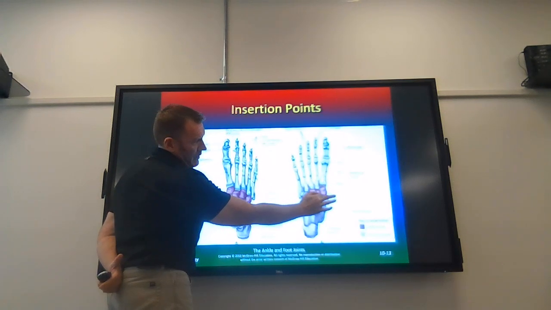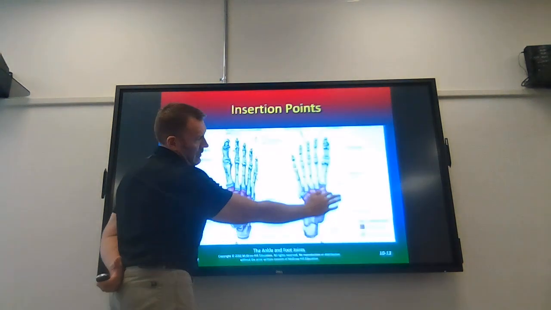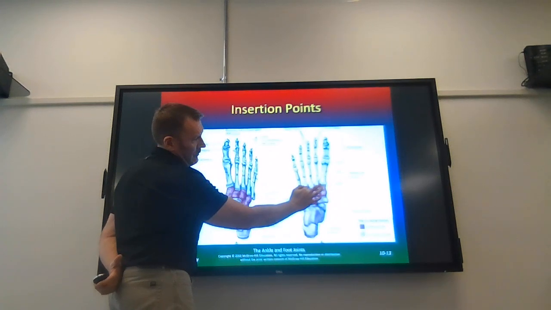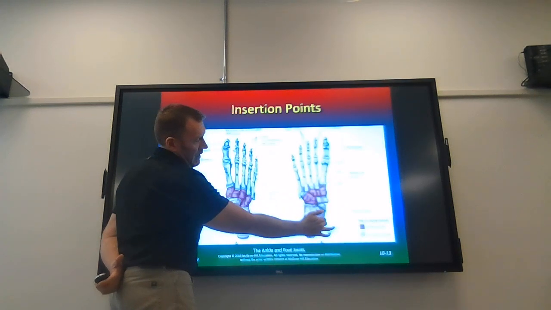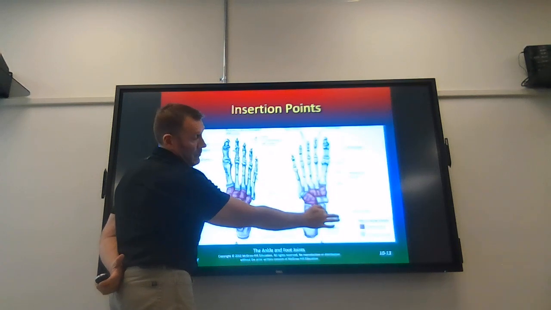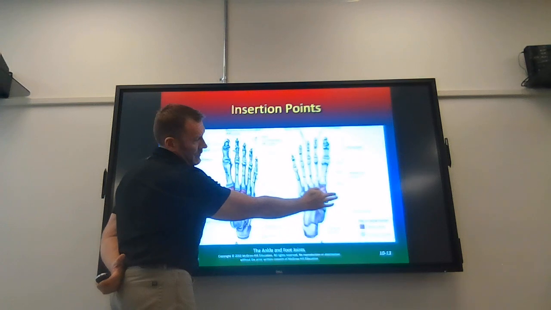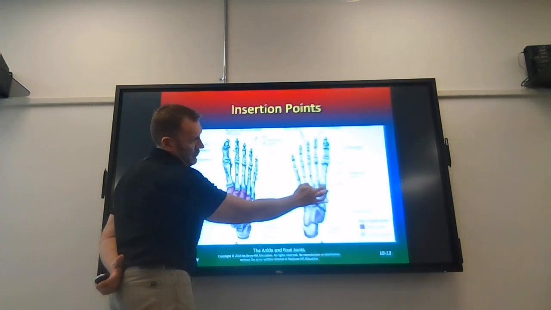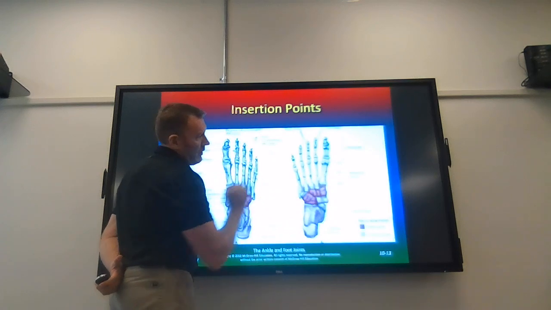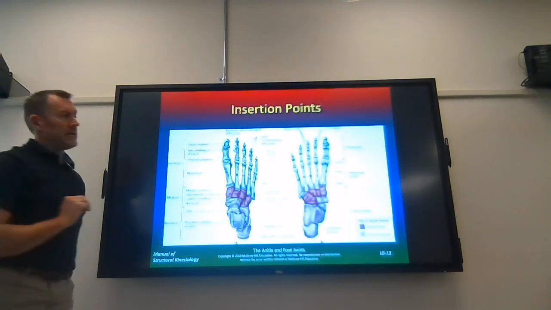So the navicular, and then cuneiforms, and bases of the second, third, and fourth metatarsal. So that muscle comes up here on the medial side. Remember, it passes behind that medial malleolus. So it's going to have its insertions here: navicular, cuneiforms, second, third, and fourth metatarsal bases.